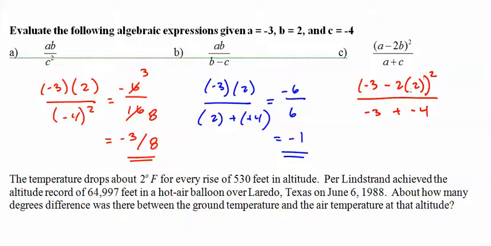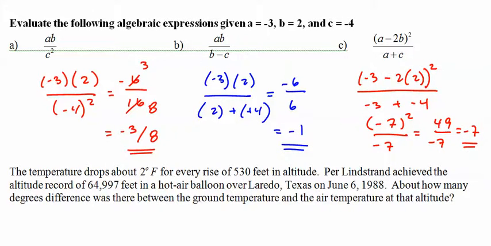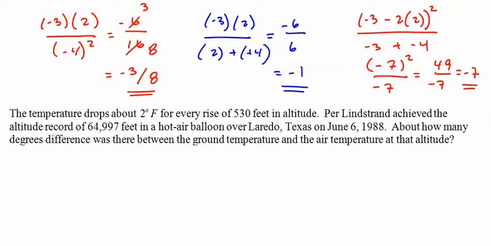So I got to do inside first. Negative 3 minus 4, negative 7, squared over negative 3 minus 4, negative 7. 49 over negative 7, negative 7. Get good at that. You're going to see a lot of math like that.